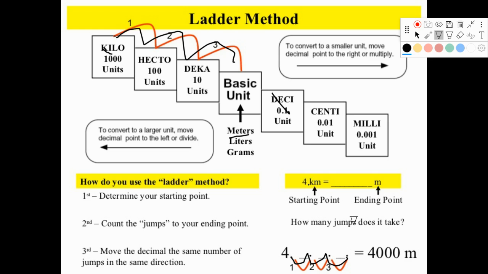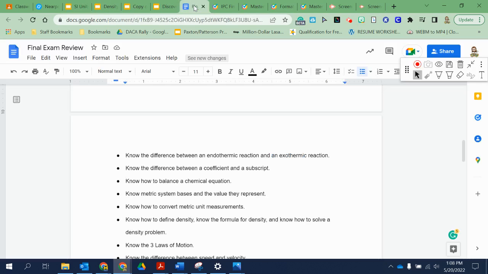So go back and watch the video lessons on this one if you're having difficulty with this. But remember, it's just how many steps you move and in what direction is what you do with the decimal. You move it that many steps in the direction that you moved, right? So that is for the metric system. Make sure you know those two things. And I know I'm going kind of fast, but you have whole lessons just based off these. So go back to those and rewatch those for more information.